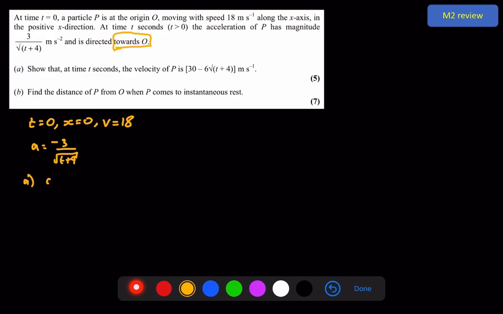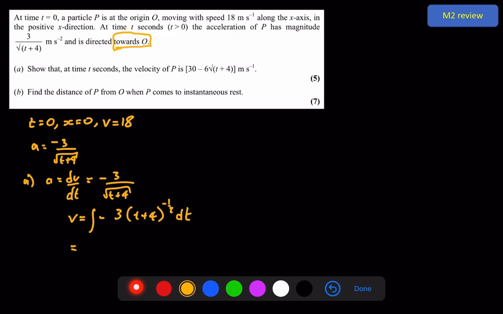Okay, here we've got a is equal to dv by dt, and we know that that is equal to minus 3 over root t plus 4, so we are going to integrate to get v is equal to the integral of minus 3 (t plus 4) to the minus a half dt.